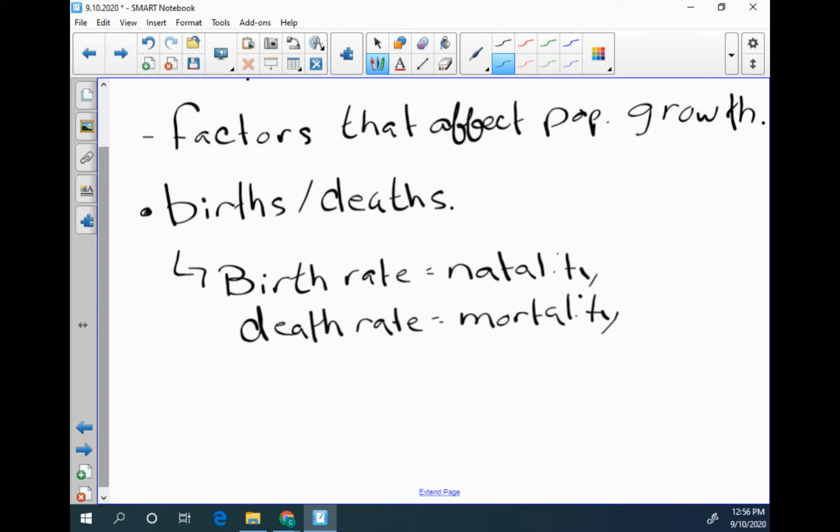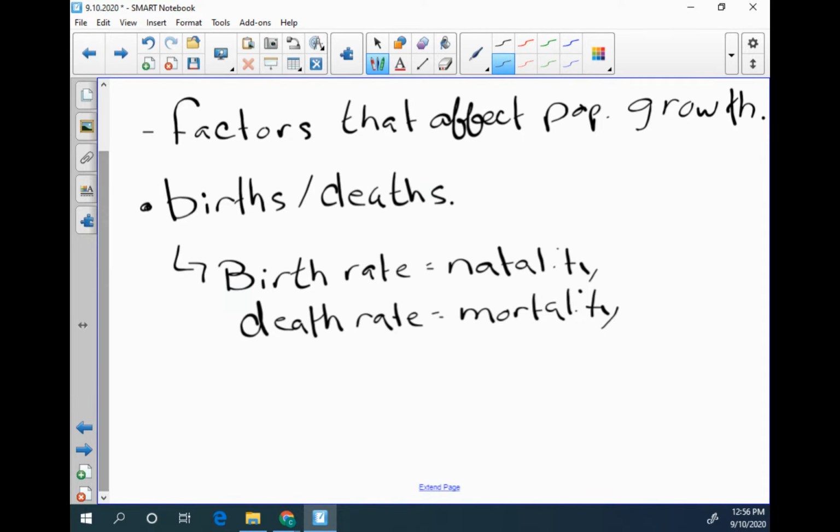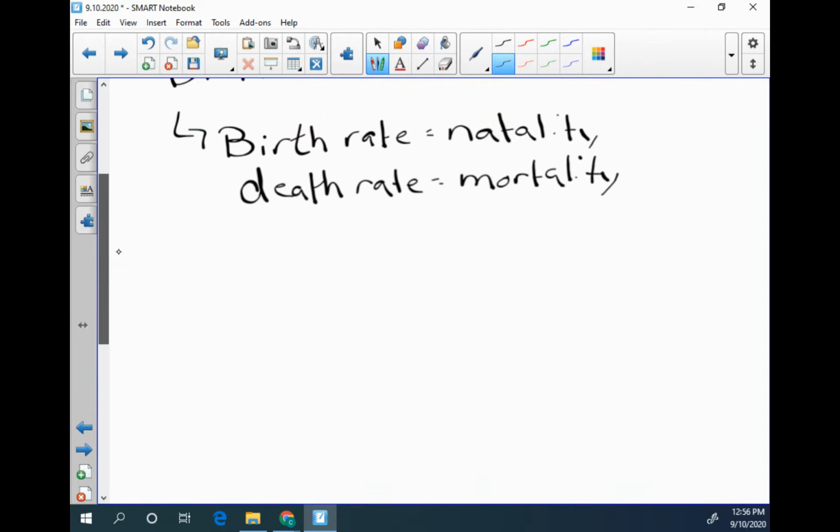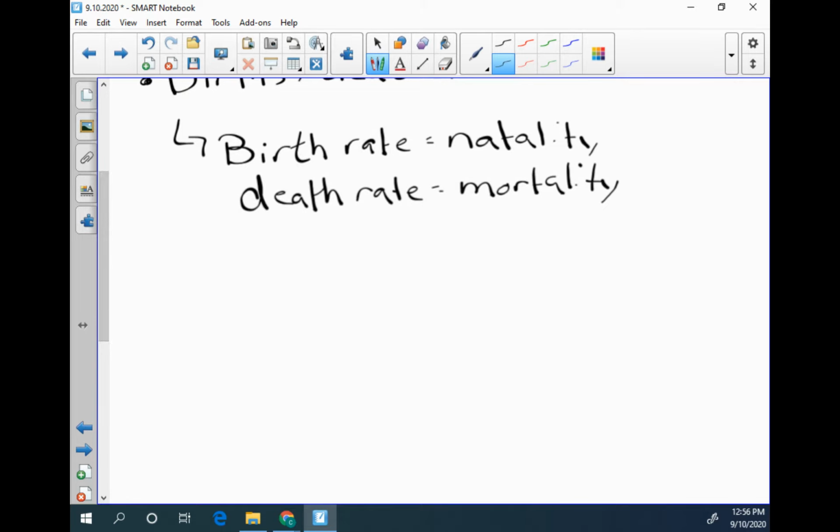So, if the birth rate is higher than the death rate, our population will increase.